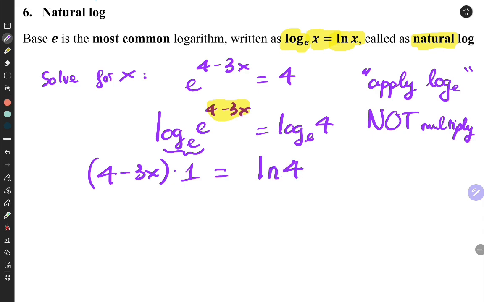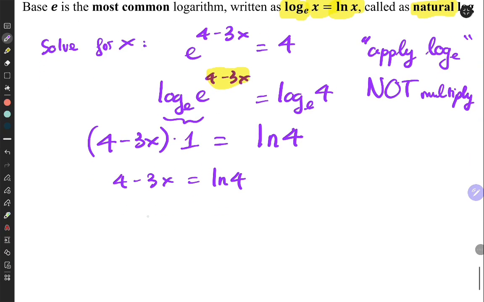Okay, so literally in the beginning you can write like this. Eventually you're gonna write like that, if you get used to the notation, ln. Okay, so times 1, nothing there. Now the x is down there, you can solve for x, right? 4 minus 3x equals ln of 4, natural log of 4. Okay, you can solve for x.